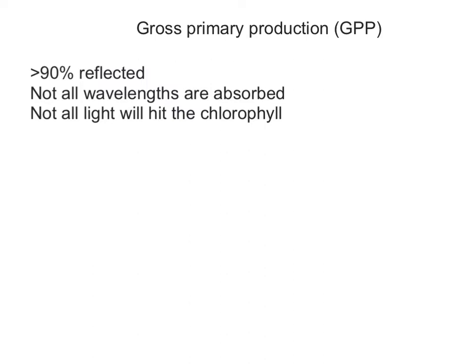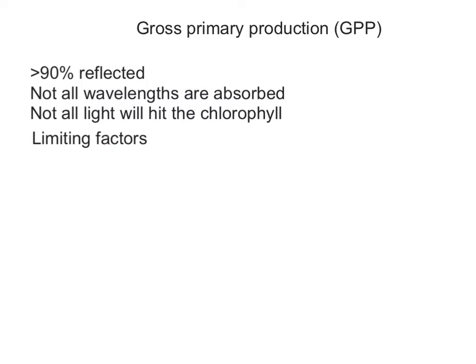And finally, of what little light is able to hit the chlorophyll, it's possible that there is some limiting factor around that's going to prevent photosynthesis from going any faster anyway, such as low carbon dioxide level, for example.